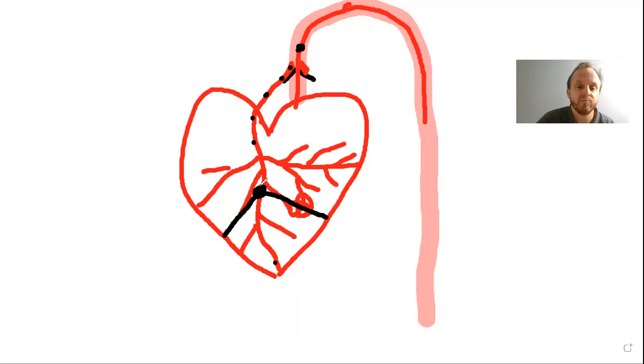But if it does travel down one of the coronary arteries, depending on how far it gets down, depends on the patient's size of their heart attack, and obviously the result, or the quality of life as well afterwards.